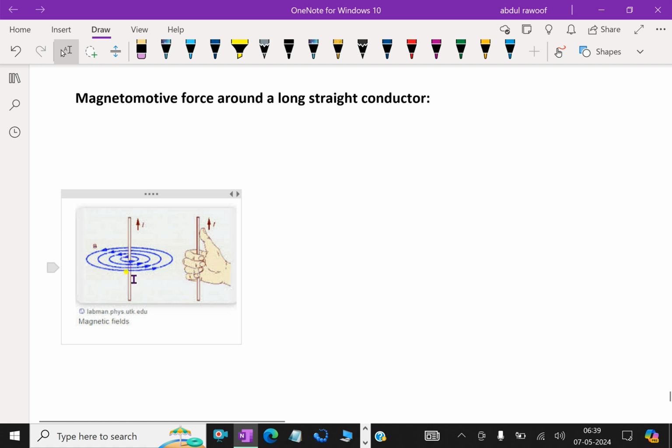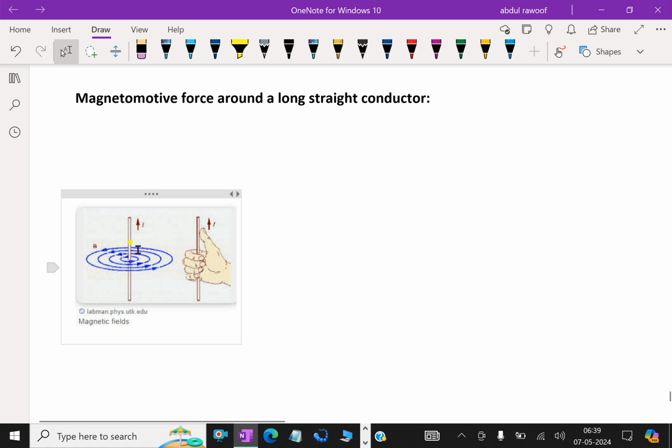Let it carry a current I amperes upwards. The magnetic field consists of circular lines of force having their planes perpendicular to the conductor and their centers at the center of the conductor.